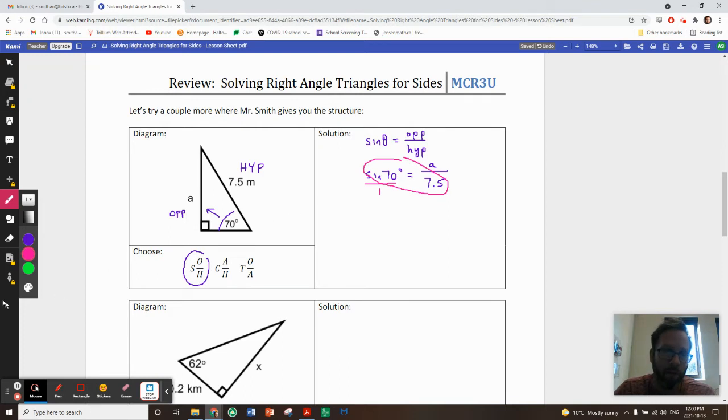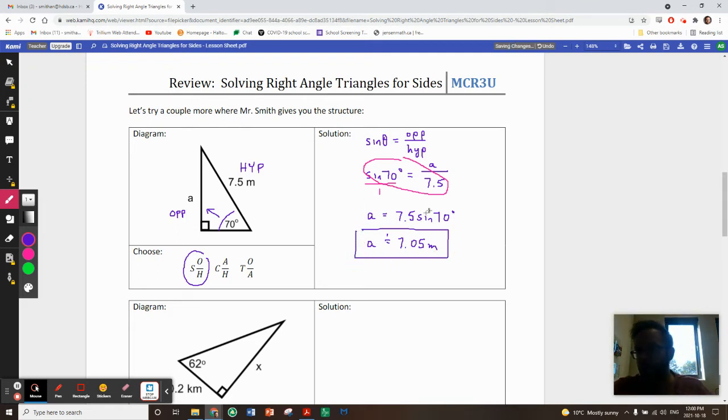This time it's 7.5 times sine 70 divided by 1, but that's just 7.5 times the sine of 70, which you can slam right into your calculators. 7.5 sine 70. Pretty close to 7. It's like 7.05 centimeters. I'll just put 7.05. I want to be meters, I guess, in this case.